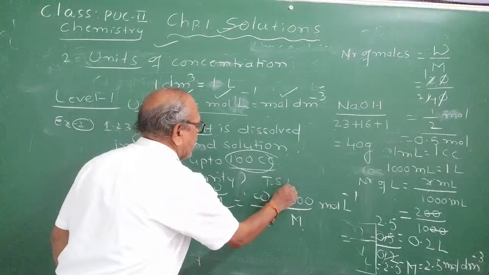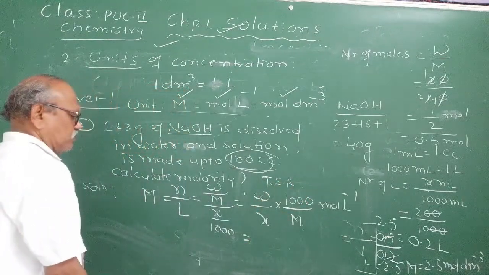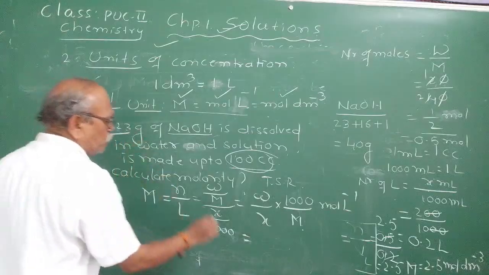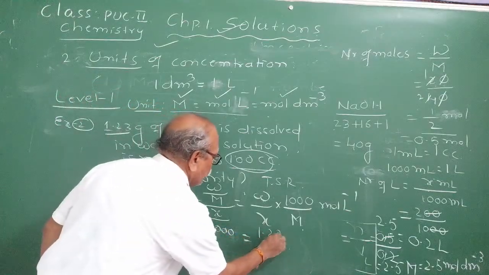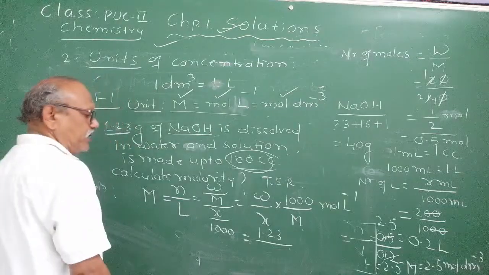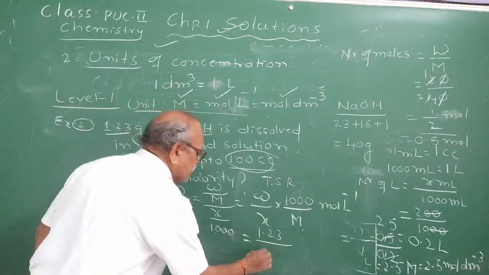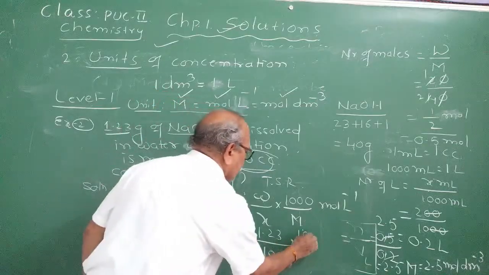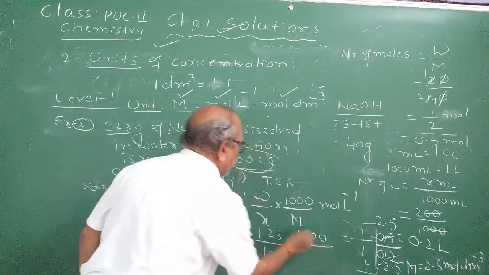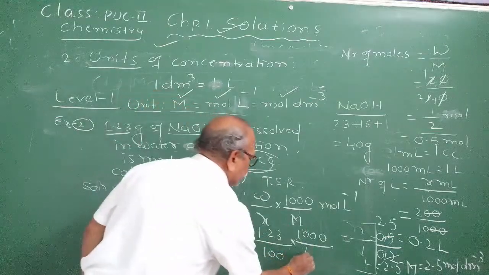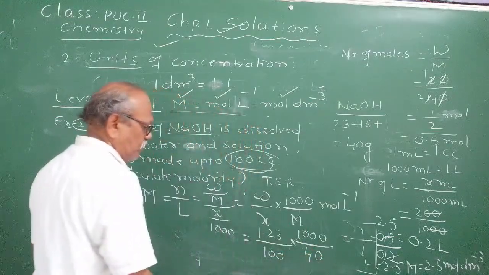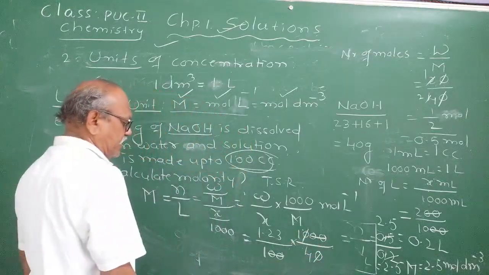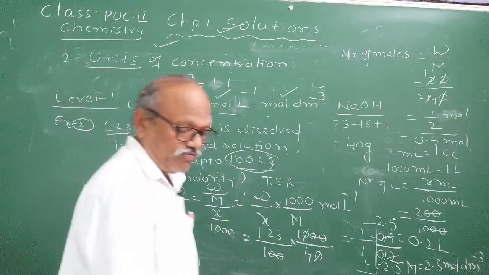W upon, what is the mass of the sodium hydroxide? They have taken 1.23 grams. 1.23 grams divided by, what is x here? x is 100 cc into 1000, divided by the molecular weight of sodium hydroxide, which is 40. Now you calculate. There are 2 zeros, 1 zero, 1 zero cancelled. Divide 123 by 4.